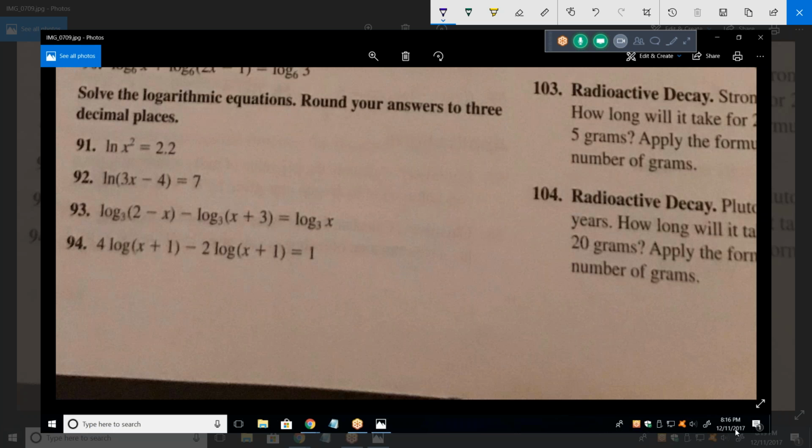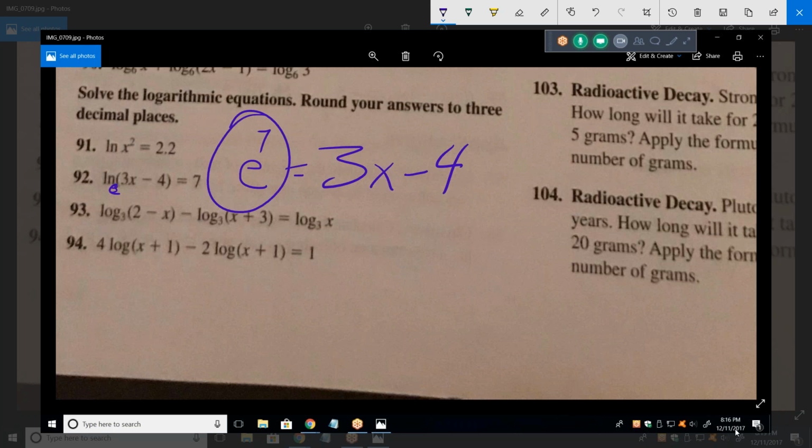Natural log means base e. What I really mean when I say the number on the far left is the base. So the base to the number on the far right, e to the 7th, is equal to 3x minus 4.